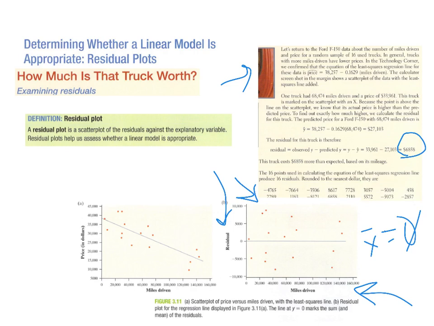Okay, that's actually what you're looking for with a residual plot to determine if a linear model is appropriate. If your residual plot looks like this, kind of scattered, approximately half below, half above, looking just kind of scattered throughout, because remember our mean is going to be 0, okay, then a linear model will work for this data set. It's good for this data set.